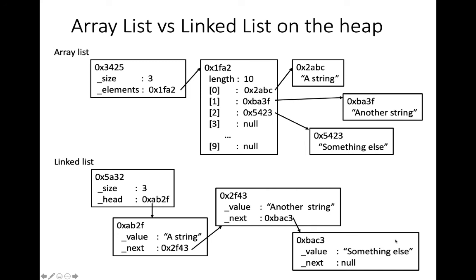If I want to insert something, I have to create a new node and fix up the pointers so that the new link is inside my chain at the right spot. And if I want to remove something, I have to walk to where I'm trying to remove and then fix up the pointers to take that node out.